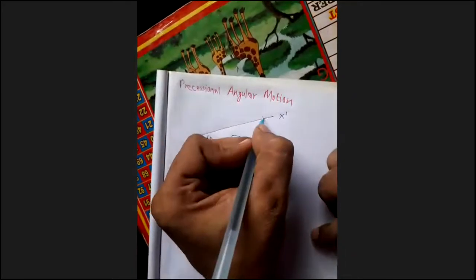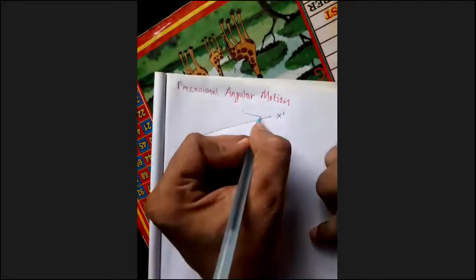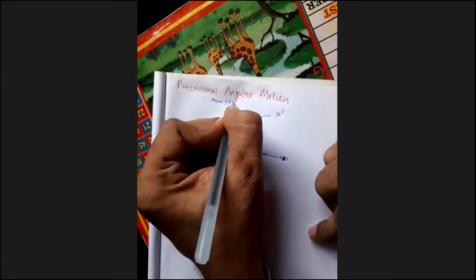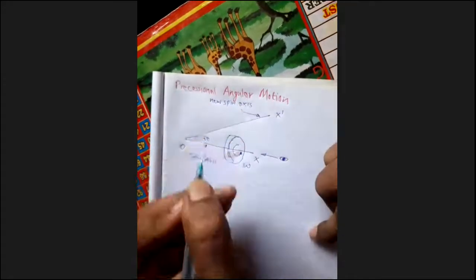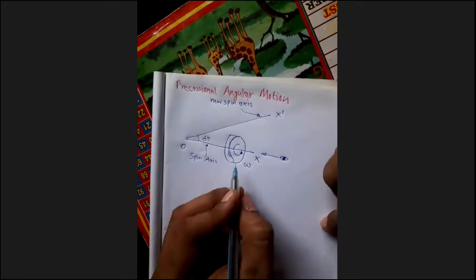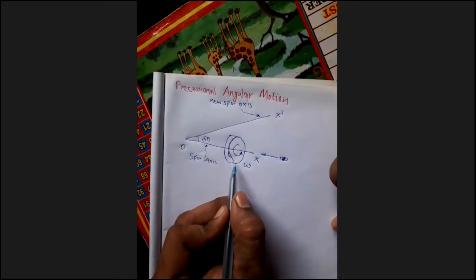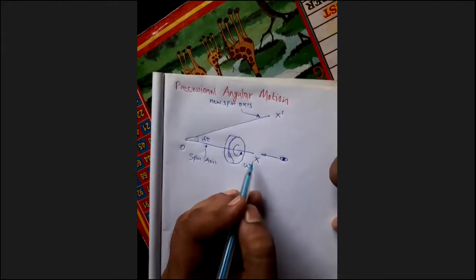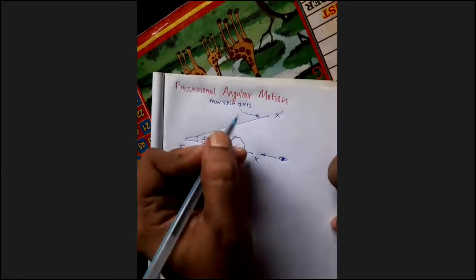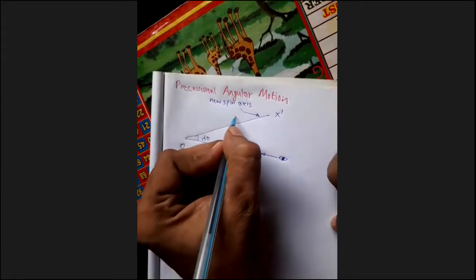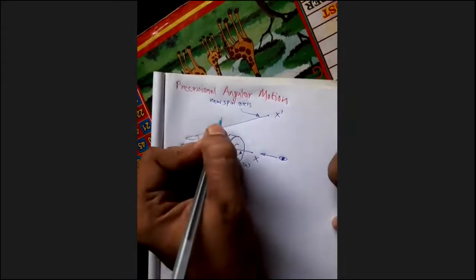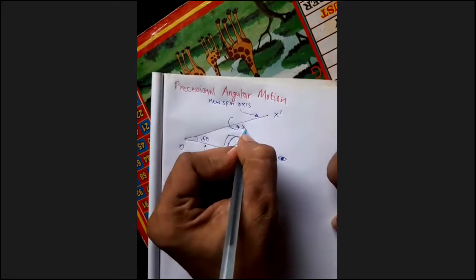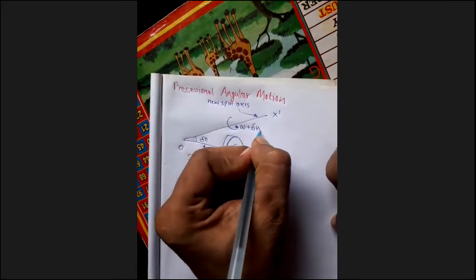So this becomes your new spin axis. The angular velocity when the disc was rotating about spin axis OX was omega. Now suppose the new angular velocity when it is rotating about the new spin axis is omega plus delta omega.